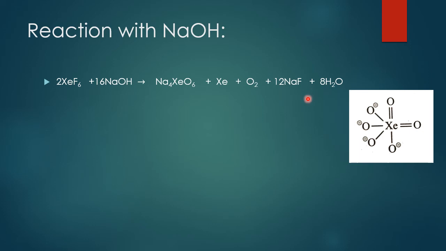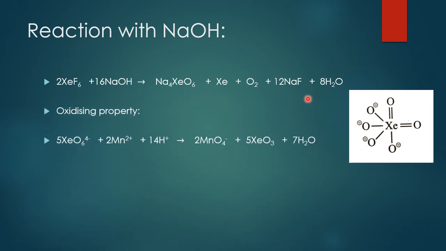This perxenate is a very strong oxidizing agent, XeO6 4-. You have studied many oxidizing agents in this lesson, and you are familiar with potassium permanganate as a very good oxidizing agent. Potassium dichromate is a very good oxidizing agent.